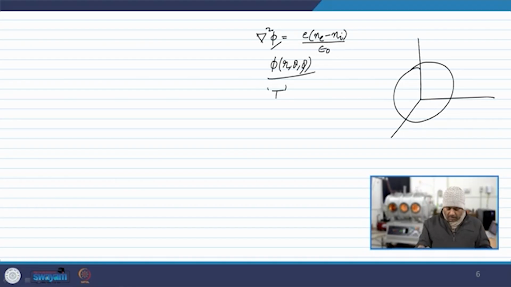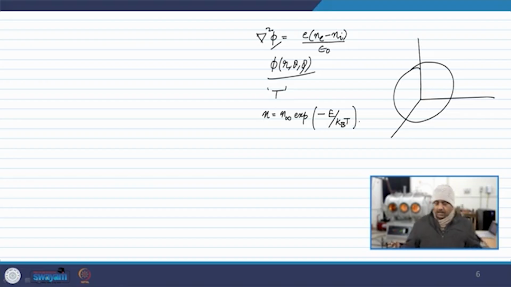So, we can assume the Maxwellian distribution where the number n is n infinity exponential of minus E by kBT. I think all of you are familiar with this distribution. This will just tell you at any given temperature how many electrons you can find with respect to the background number of electrons, right.